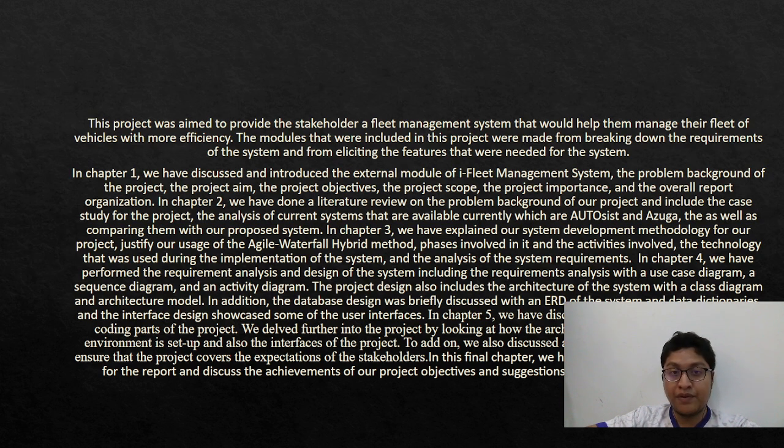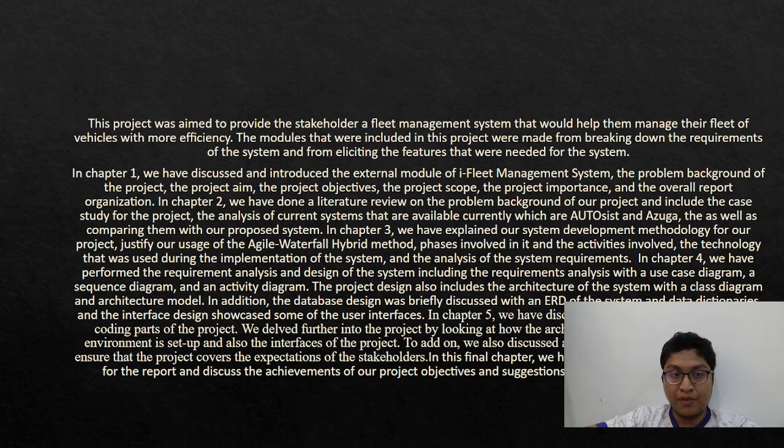In chapter 2, we have done a literature review of the problem background of our project, which includes a case study, analysis of current systems that are currently available, and comparing them to our system. In chapter 3, we have explained our system development methodology for our project and justified our usage of the agile waterfall hybrid method.